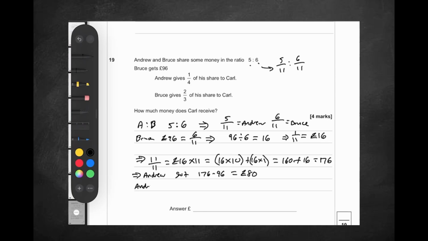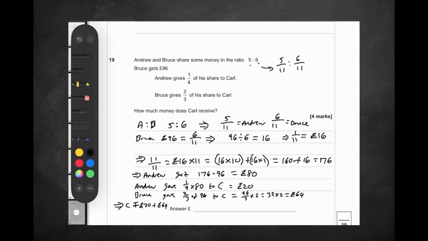So Andrew gave 1/4 of 80 to Carl, which is £20, and Bruce gave 2/3 of 96 to Carl, which is 96 over 3 times 2, which is the same as saying 32 times 2, which is 64. Therefore, Carl gets 20 plus 64, which is £84.